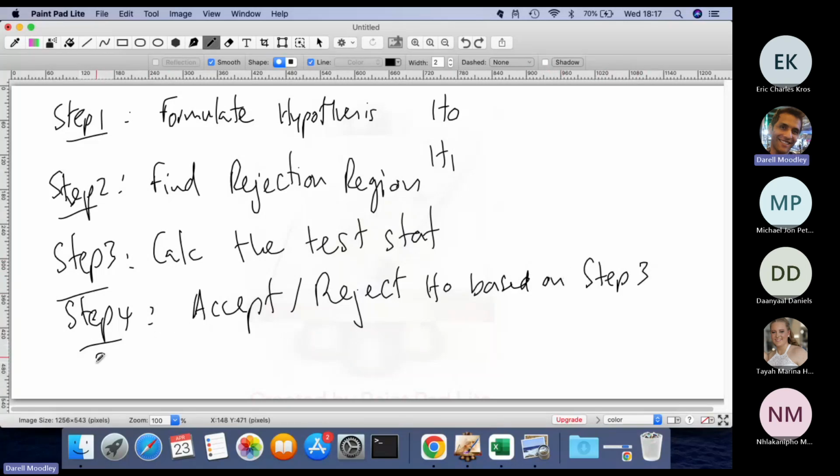And then the last step is interpret and conclude. I will walk you through each of these steps now, so don't stress about it.